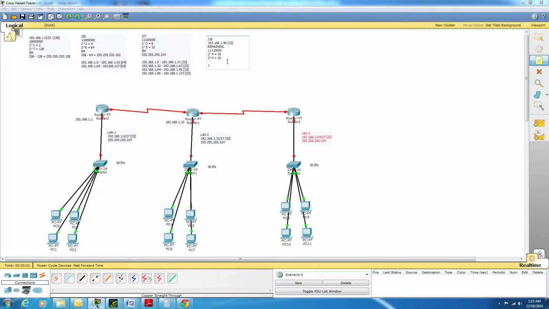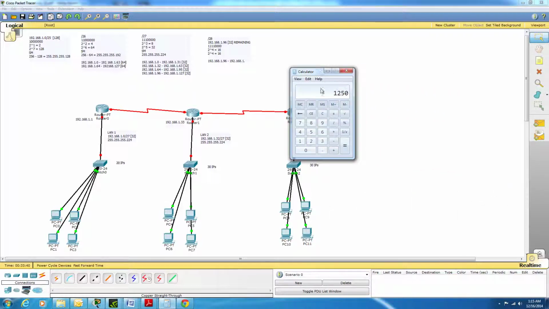So it will go from 192.168.1.96 all the way up to 192.168.1, and that would be 96 plus 15, right? So that will end up being 96 plus 15, so 111.